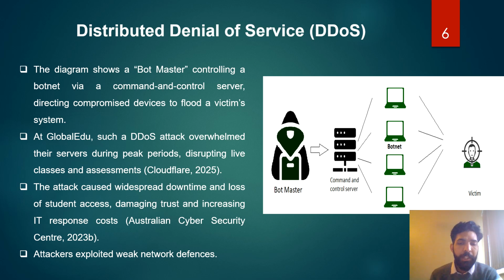At Global EDU, this caused an outage during exams and live classes. As a result, students could not access the platform, damaging the company's reputation and leading to higher IT costs due to weak defenses. Such a DDoS attack overwhelmed their service during peak periods, disrupting live classes and the assessments.